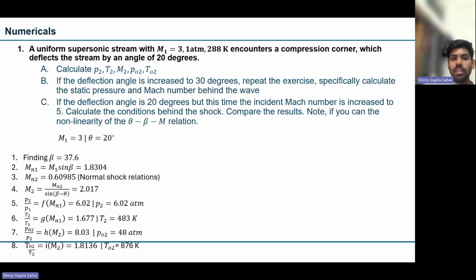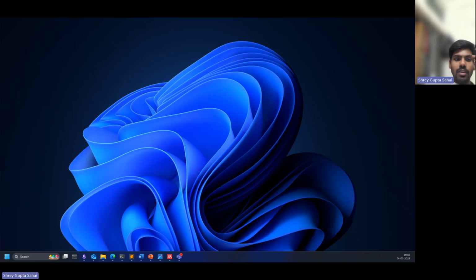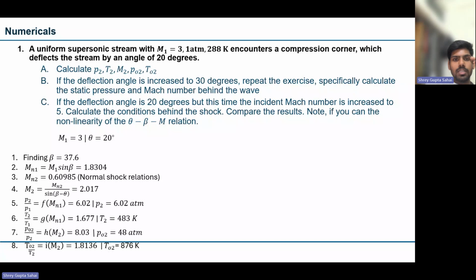Just one thing which I'll do is check if we've done it correctly or if I've made some mistake anywhere. Probably not, but let's just check. So beta value is 37.8 graphically, but we have used 37.6, which is okay, not a problem. MN1 is 1.839, which is also fine.